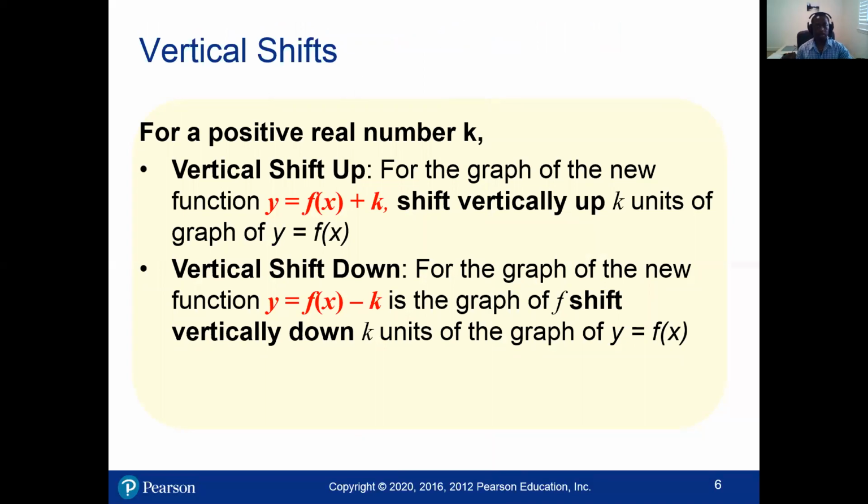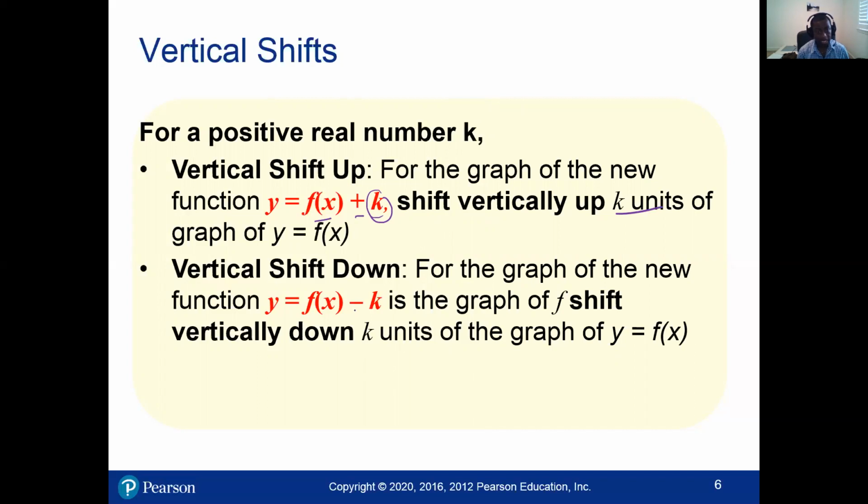Vertical shifts. Now, we have upward shift and downward shift. For any graph of the function y equals f of x plus k, if k is positive, the shift is vertical, it goes up k units.